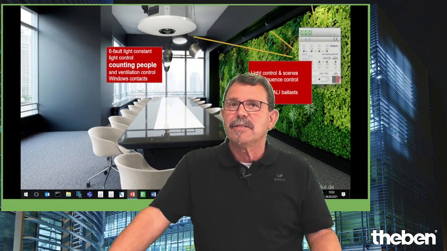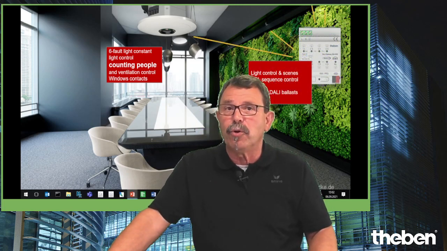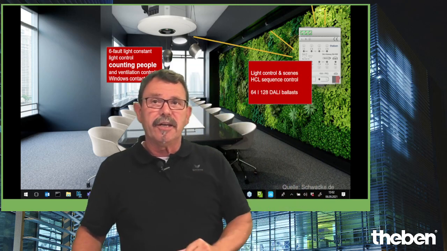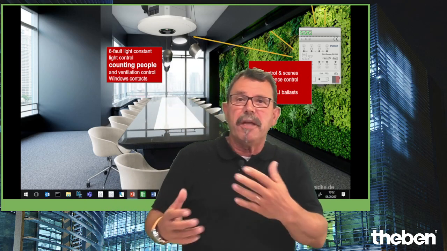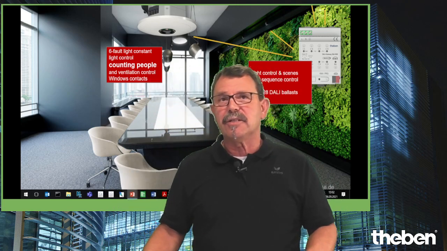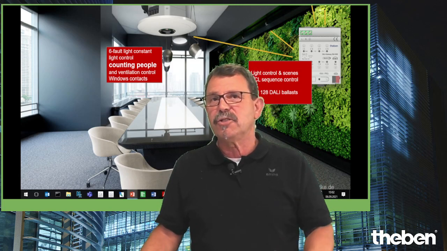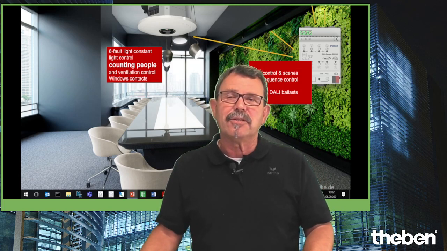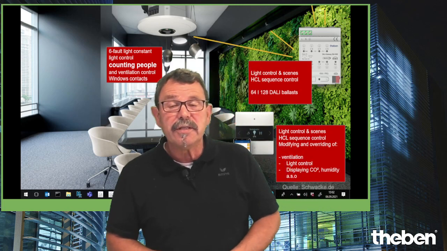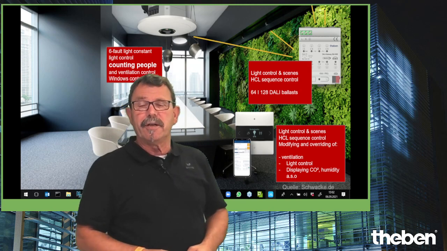And this optical sensor can support the DALI gateway, which is controlling and managing in this nice conference room the natural daylight, or the daylight-dependent light control, for instance, or the HCL light control. You can, for instance, override it with the app.